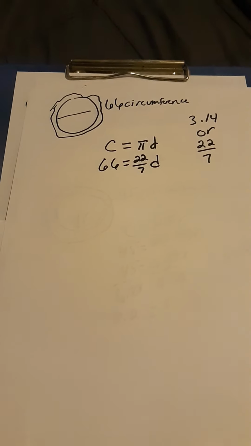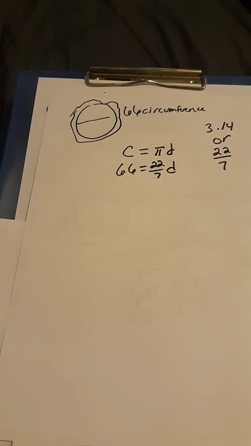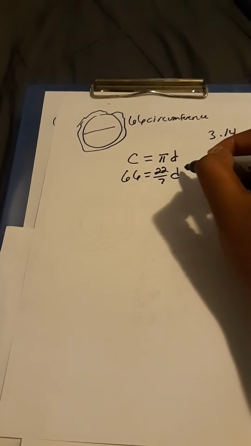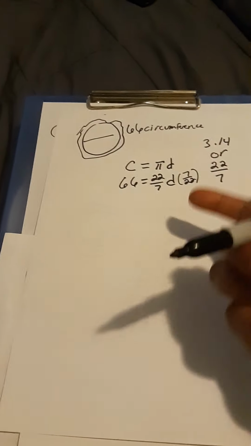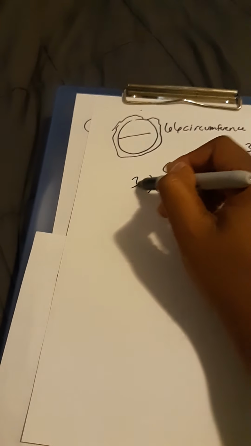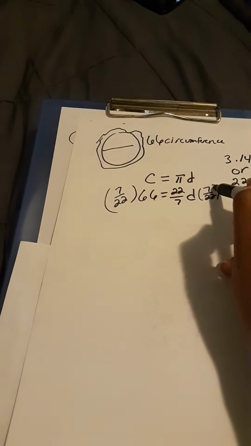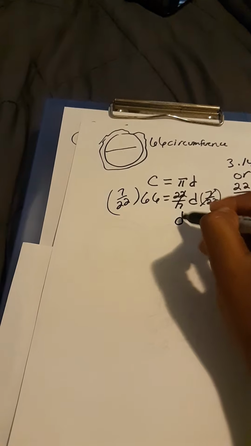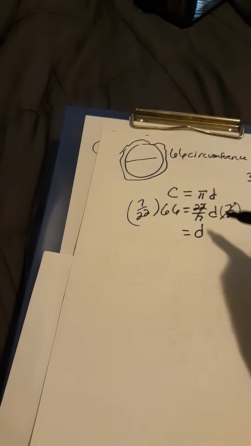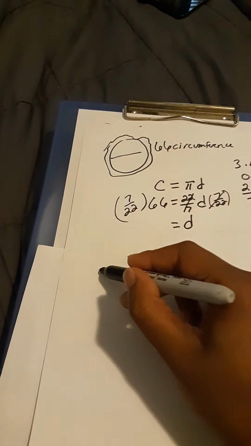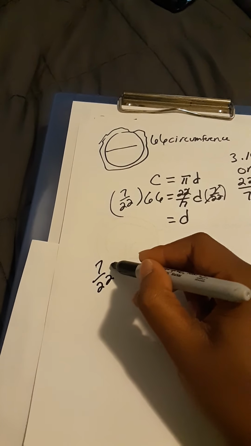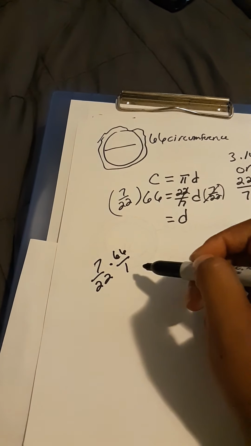So to get d by itself, I'm going to multiply by the reciprocal. Again, the reciprocal is just the flip, so 7 over 22. If I multiply one side by it, I have to multiply the other side. So this is going to be multiplied by 7 over 22. These are going to cancel, leaving me with d. So when I multiply this side, I have 7 over 22 times 66 over 1.